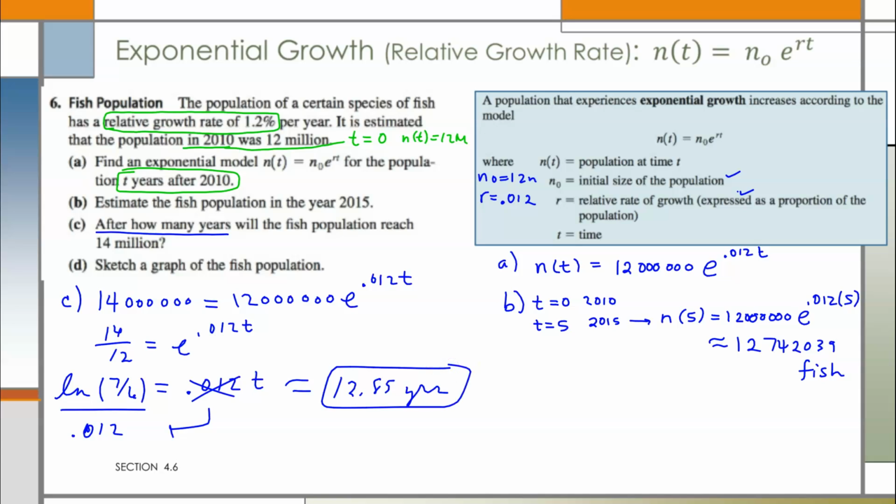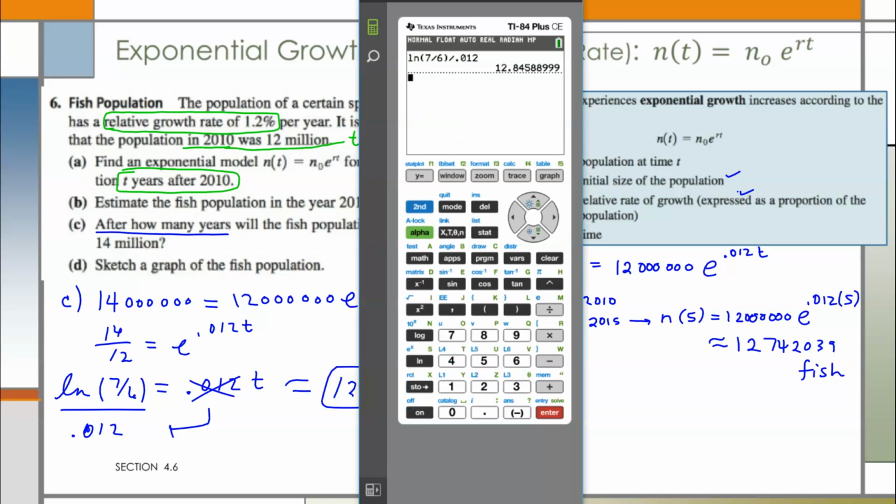Okay, so let's sketch the graph of the function. We're going to Y equals, and we'll clear out any old stuff that was there. We'll put in our original equation, which is this one, 12 million e to the 0.012 t.